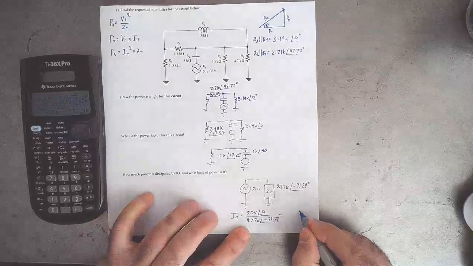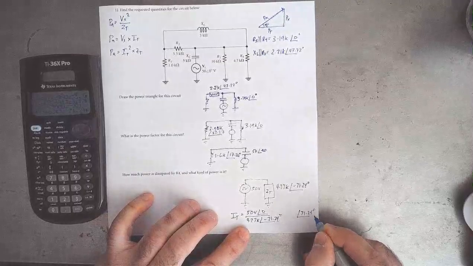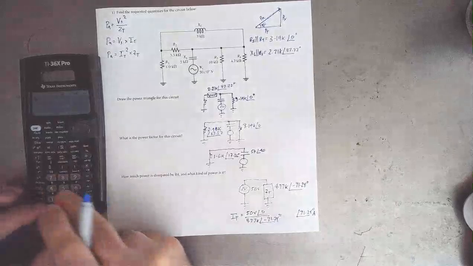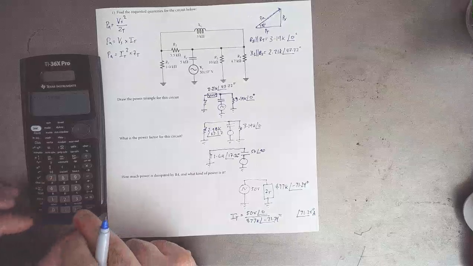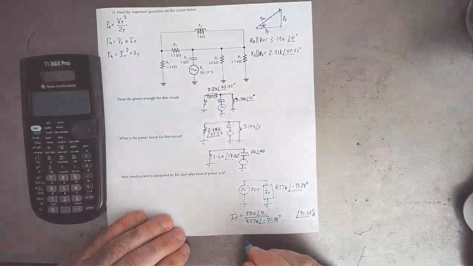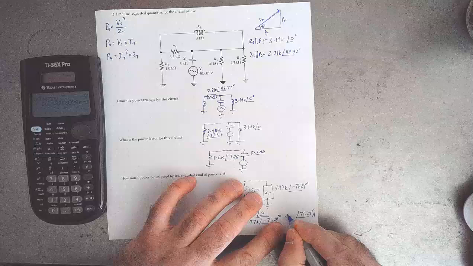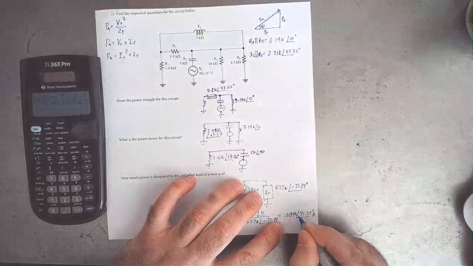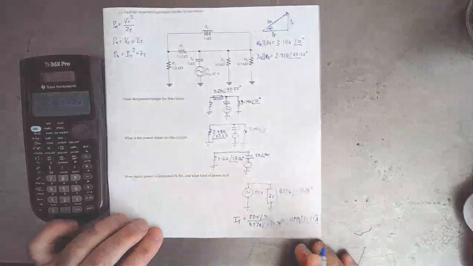So I know the angle is going to be 71.24 degrees, and that is amps. And let's see what the magnitude is. 50 divided by 4770 equals 10.48 milli. So 0.01048. So that is IT.